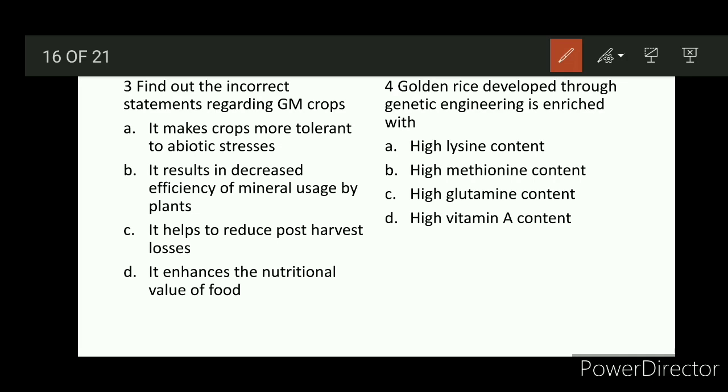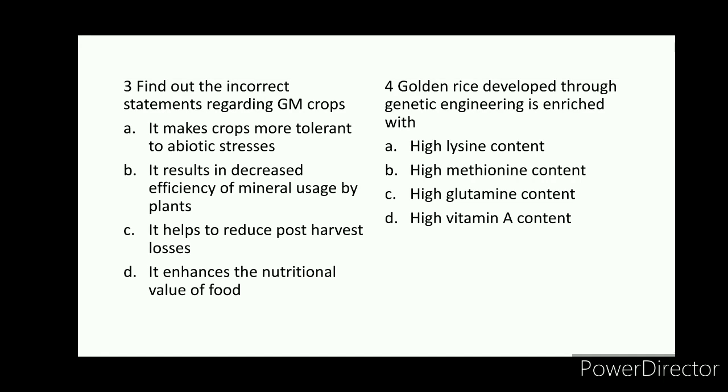Golden rice is rich in vitamin A as it contains the precursor beta carotene, which helps in the synthesis of vitamin A. So the right option is option D, high vitamin A content.